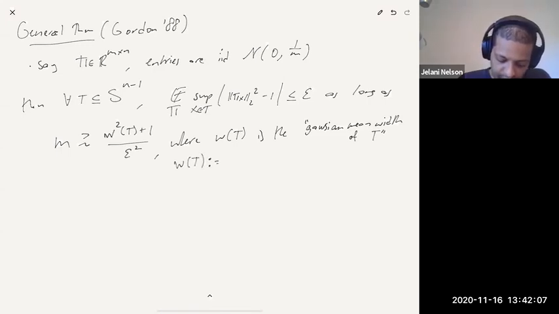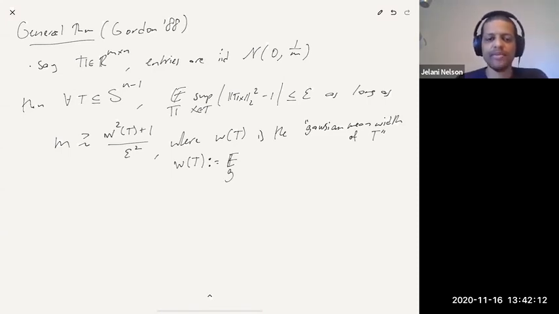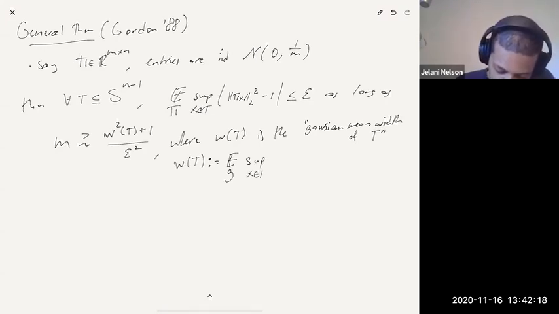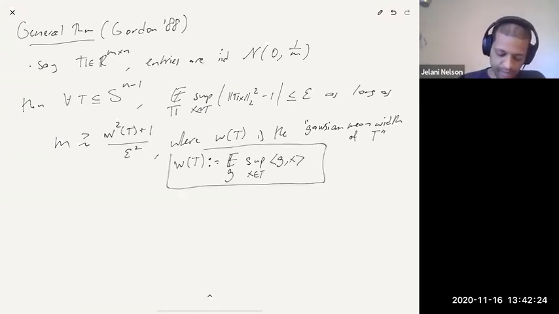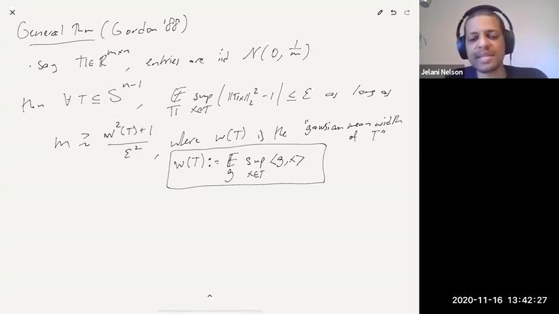The definition is you take a vector G of IID standard normal random variables, mean 0, variance 1, and you look at the maximum over all x in T of G dot x. The expectation of that maximum is the definition of the Gaussian mean width.